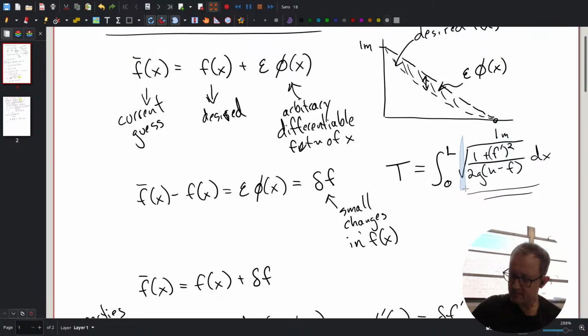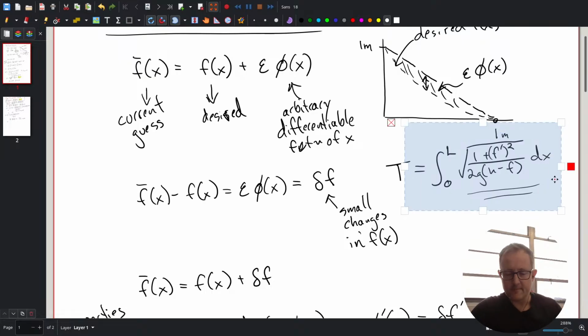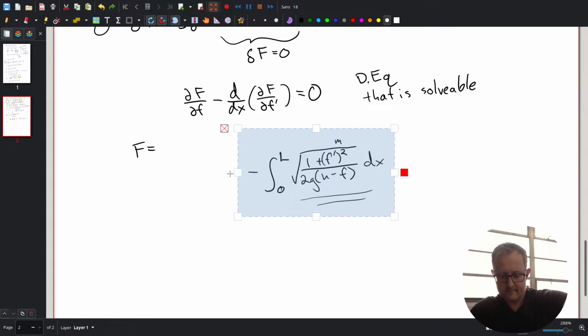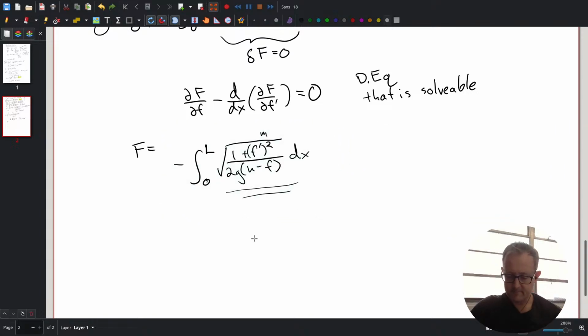Nope. Right, let's just grab everything in here, copy it, paste it, and I don't need this integral.